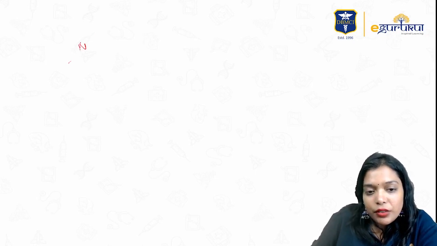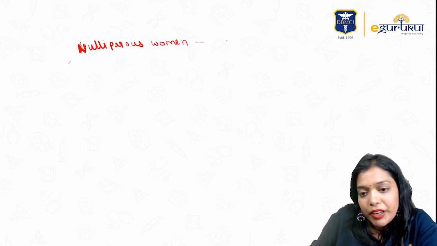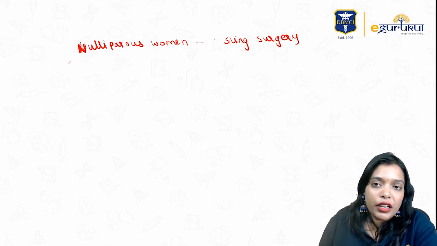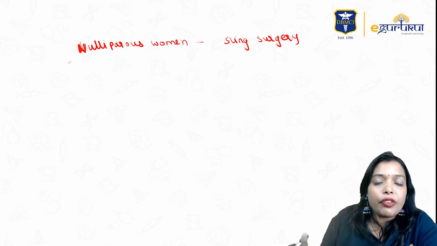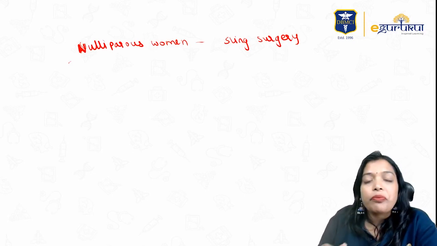So to summarize, if you have a nulliparous woman, the best surgery will be sling surgery: Purandare, Shirodkar, Khanna or Virkud. Purandare, P for Purandare, P for posterior rectus sheath: the cervix is tied to the posterior rectus sheath.